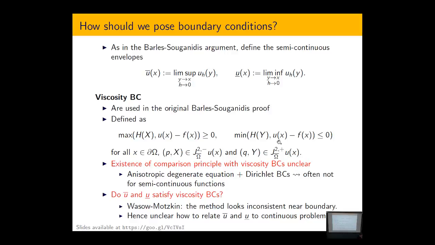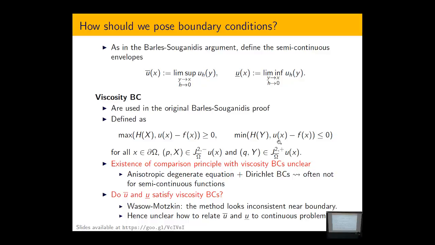Okay, but focusing now on the mechanics of the Barles-Souganidis proof, and focusing also on the boundary conditions again. What Barles-Souganidis do is they take the numerical solutions, and then they take what is called the semi-continuous envelopes of that. That's this lim sup operation where you take y to x and simultaneously you refine your computation. That gives you this upper and the lower envelope.